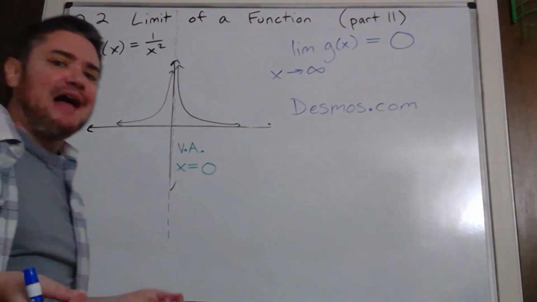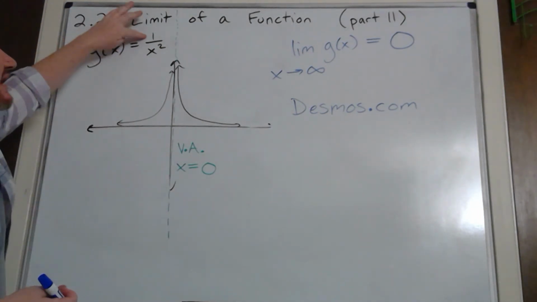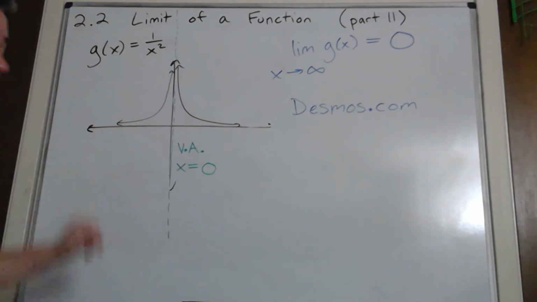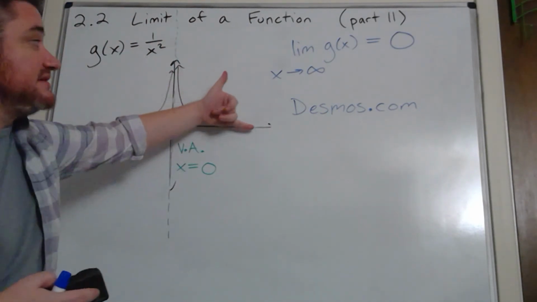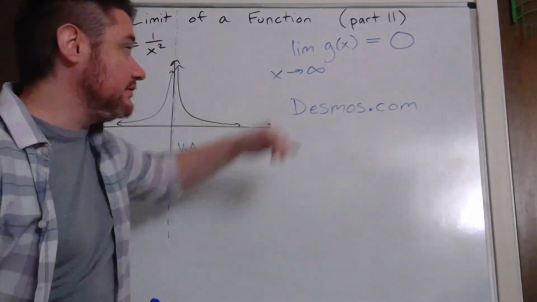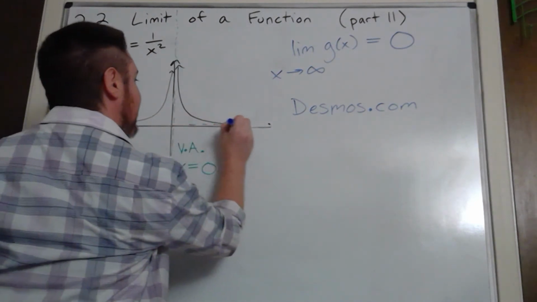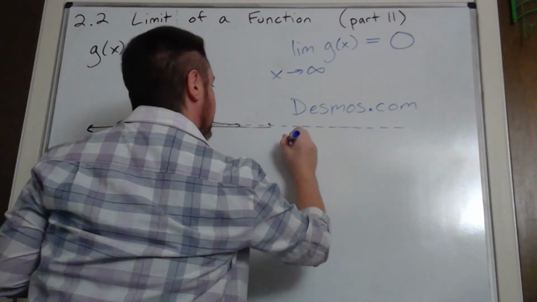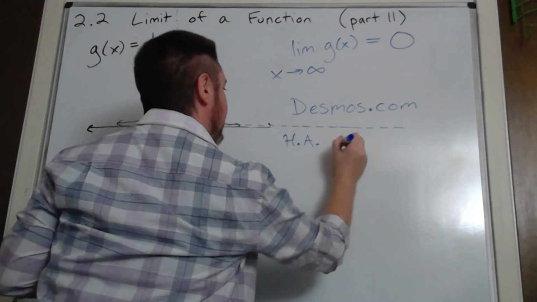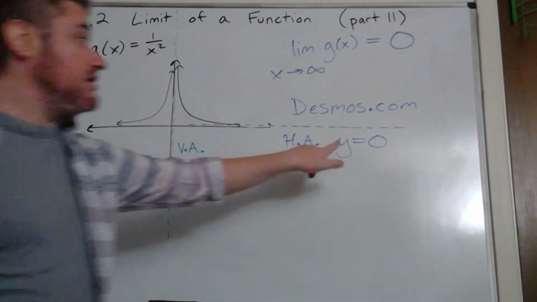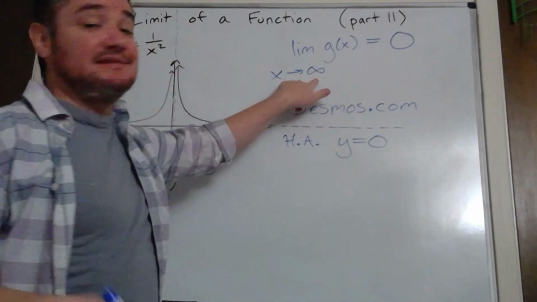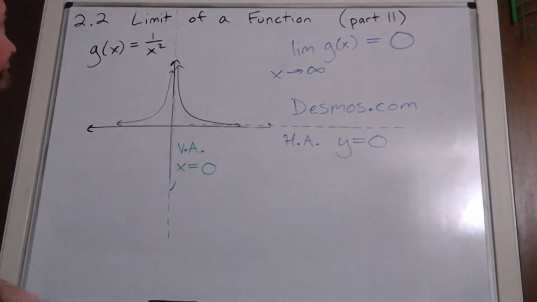However, we know it's not really on the line because, as we argued earlier, a positive divided by a positive can't all of a sudden equal 0. We're always going to be positive, which means above the axis, but getting closer. So we've got this horizontal asymptote, which I can write HA, and that's the horizontal line y equals 0. All right, so the horizontal asymptote is the limit as x approaches infinity in this case.